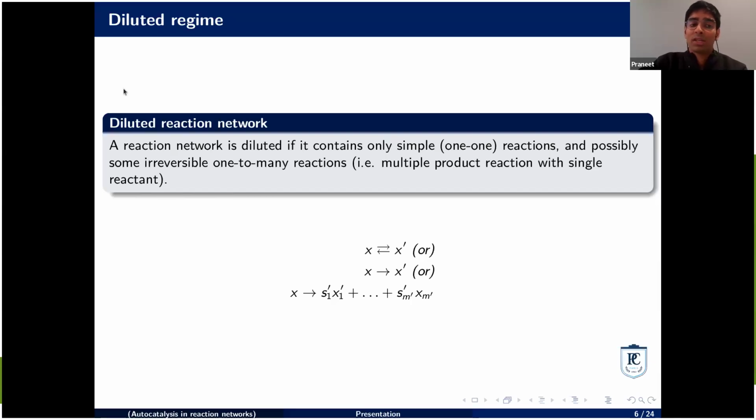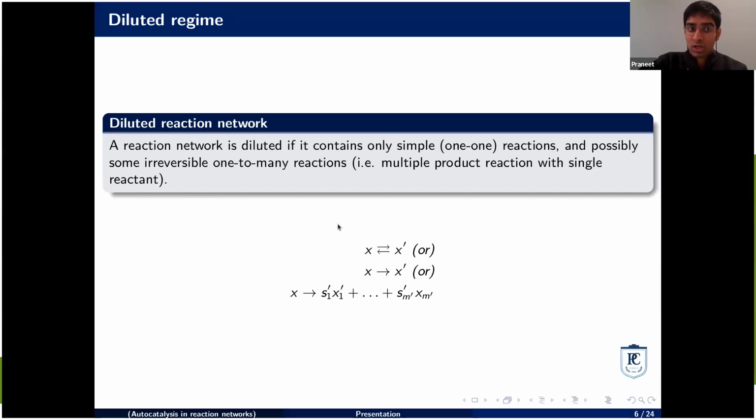But more mathematically, what we mean by a diluted reaction network is that it is a diluted network if it contains only one-to-one or one-to-many reactions. So all the reactions will be of one of these three forms. It's a single reactant and single product going to each other irreversibly, going to each other reversibly, or a single reactant giving an array of products, but as an irreversible unidirectional reaction.